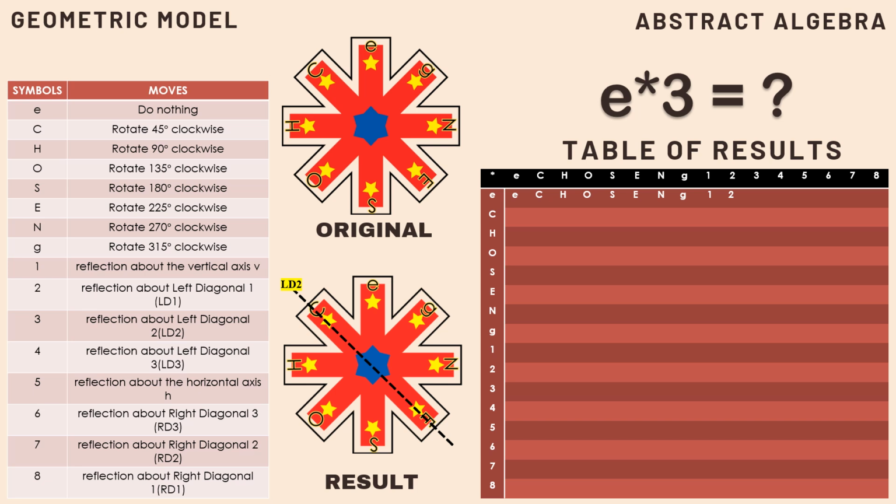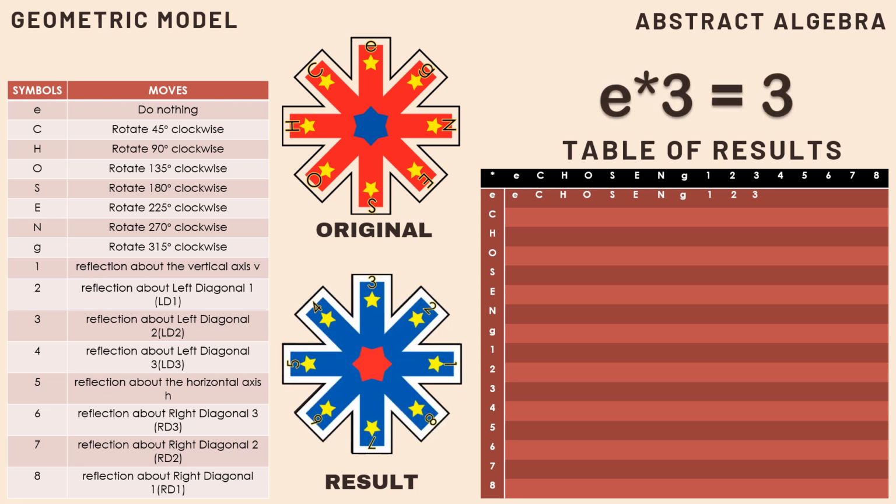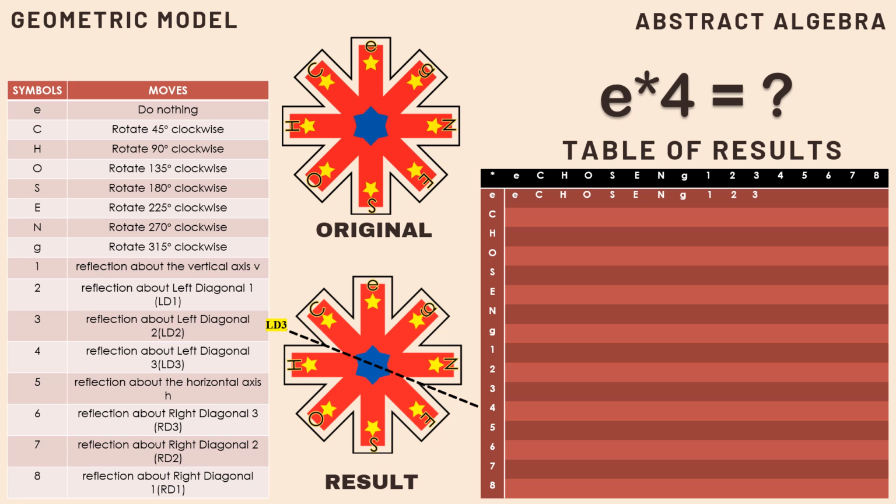E star 3 or the left diagonal 2 is H. Since H maps to 3, then E star 3 is 3. Next, we have E star 4.